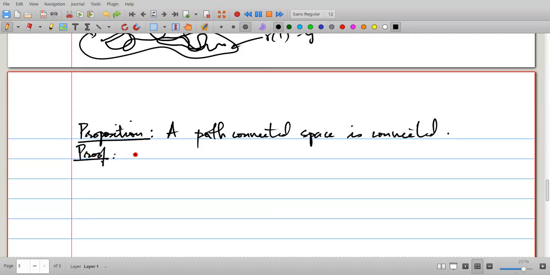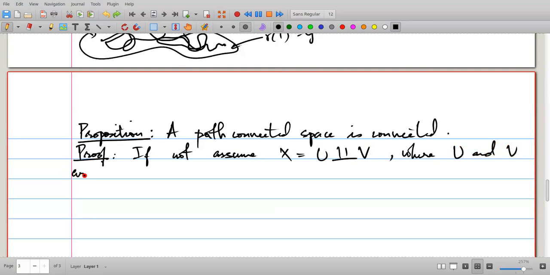Proof. If not, assume X can be written as U disjoint union V, where U and V are non-empty open.